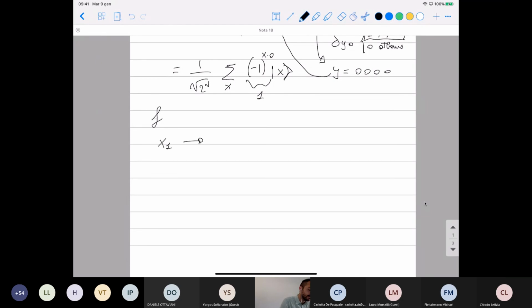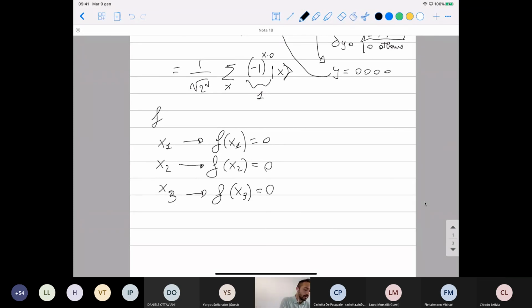What I get is f of x1 equal 0. At this point, I still don't know. If x2 is equal to 0 again, it could be constant or balanced again. So you don't know, because maybe the next one, x3, is going to be 0 again.